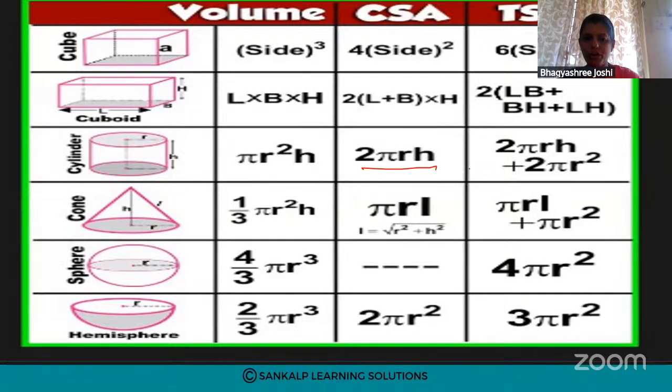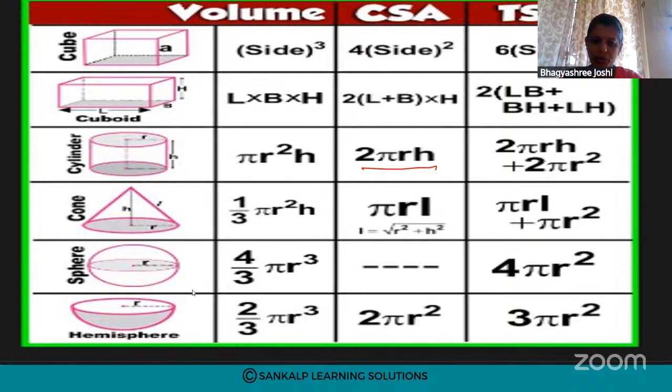Cone. Volume of a cone is 1 by 3 pi r square h, curved surface area is pi r l, and total surface area is pi r l plus pi r square, that is pi r into (r plus l). Sphere.